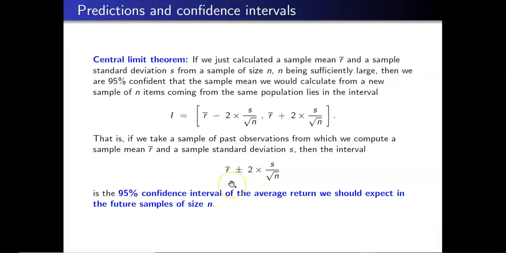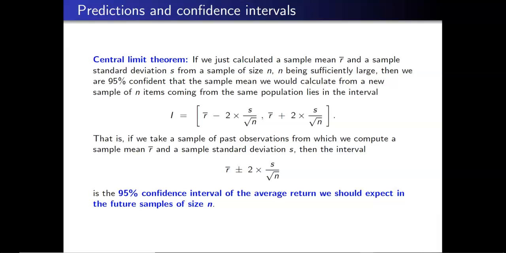That is, if we take a sample of past observations from which we compute a sample mean R overline and a sample standard deviation S, then the interval sample mean plus or minus 2 times the standard error is the 95% confidence interval of the average return we should expect in future samples of size n.